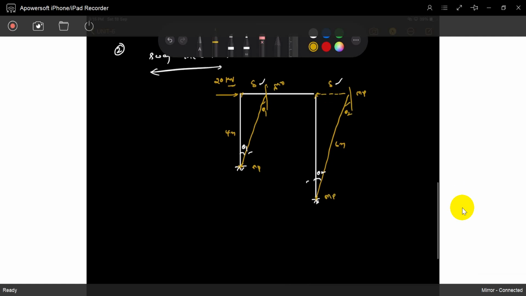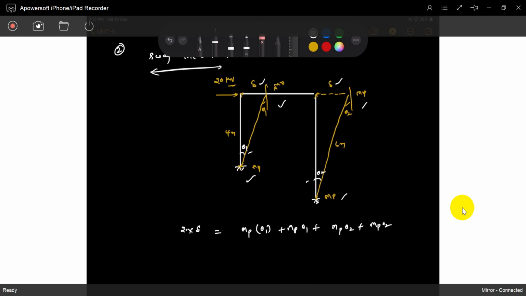So what is the external work? 20 into delta. The internal work is MP theta 1 twice, and MP theta 2 twice.